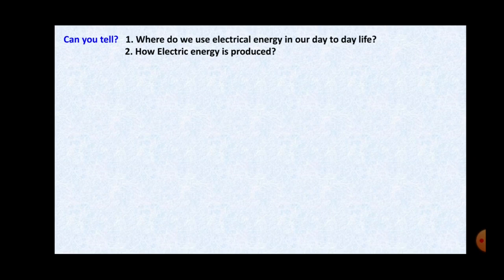So we use the principle of electromagnetic induction: the magnetic field around the wires is changed, and due to the potential difference, electric energy is generated. Okay, so this is all about electric energy production. Then we are going to study in detail the generation of electrical energy.